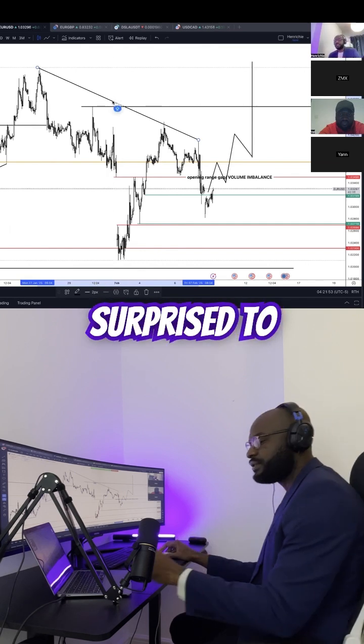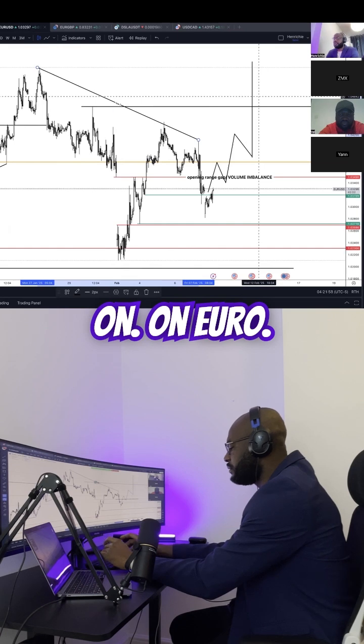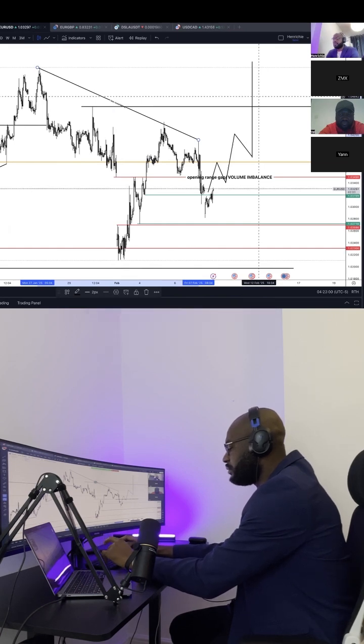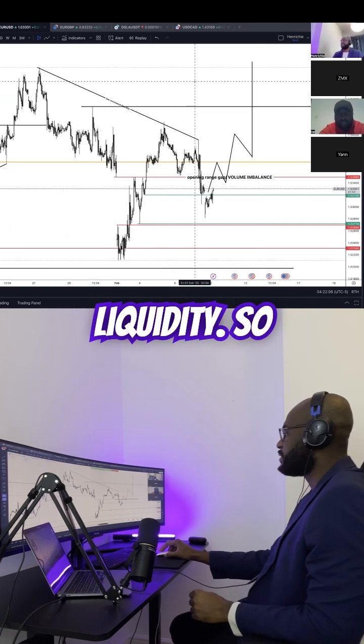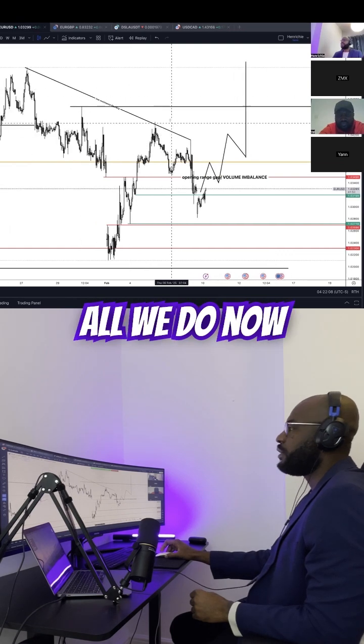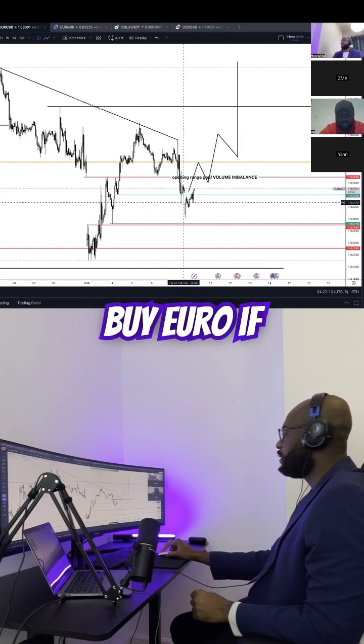So I wouldn't be surprised to see a continuation to the upside on Euro. So right here, you can see low resistance liquidity. So all we do now is look for an opportunity to buy Euro if you're not already in the buy.